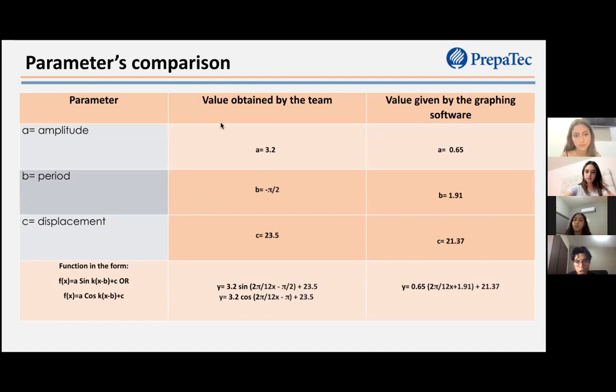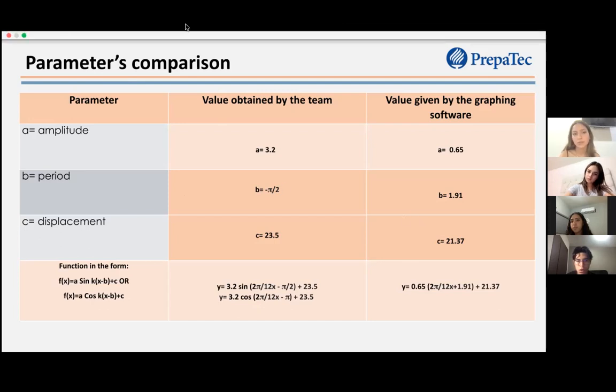And last one, the displacement. We got 23.5, and the software 21.35. And then we also got those functions that are what we already see, sine and cosine, and the other one is what the software gave us.